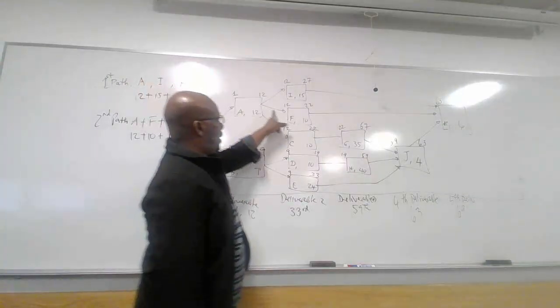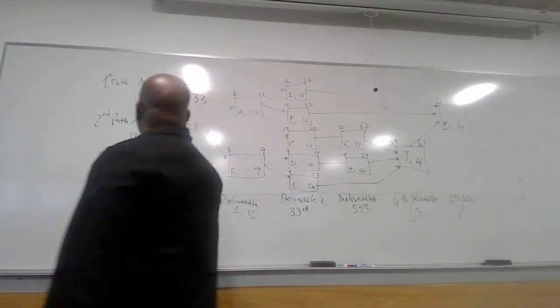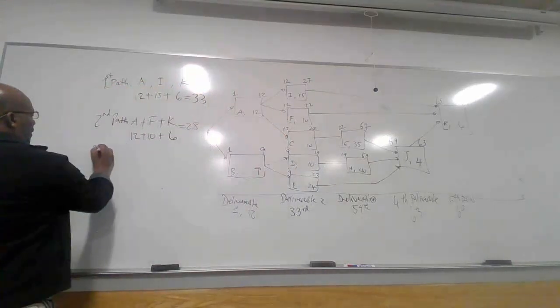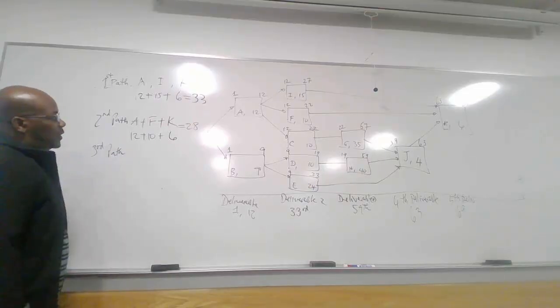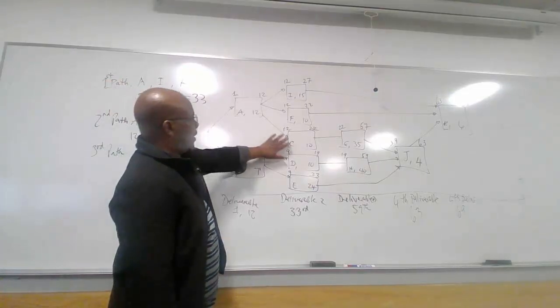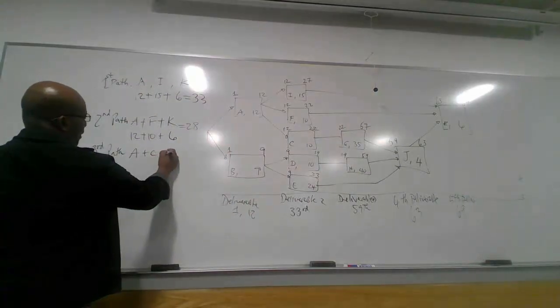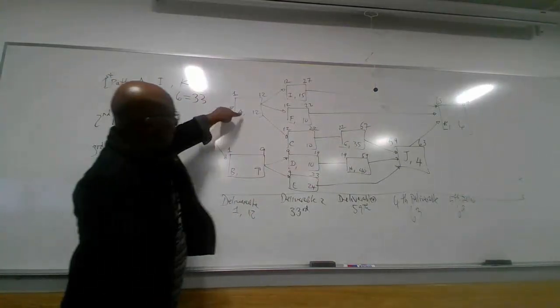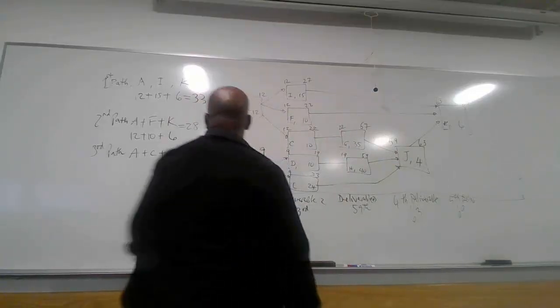It will take 28 weeks to arrive at K. And so let's look at the third path. The third path will be from A, C, G. Let me write here A, C, G, J, and K.